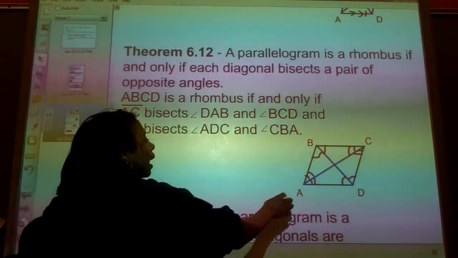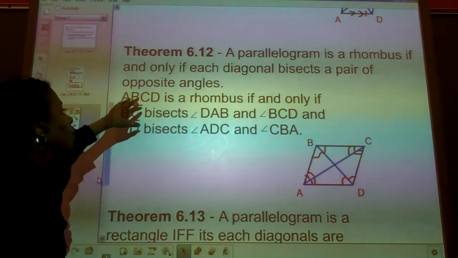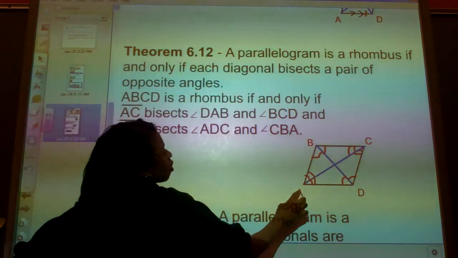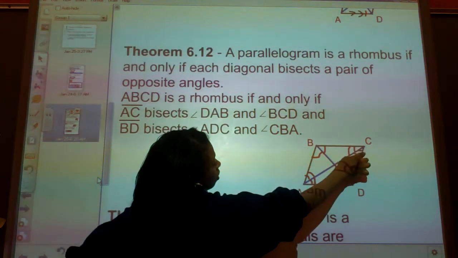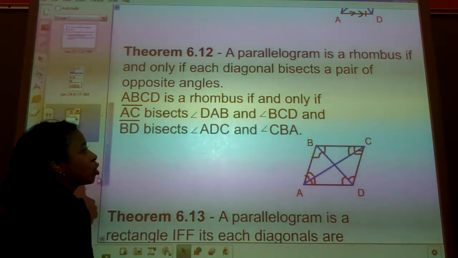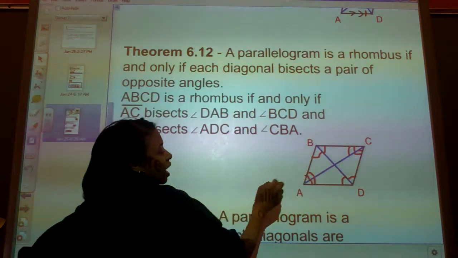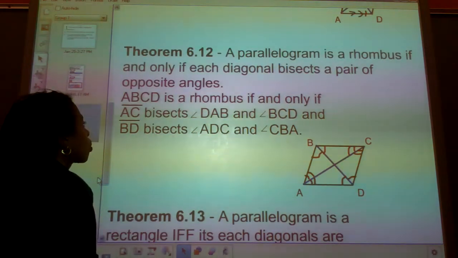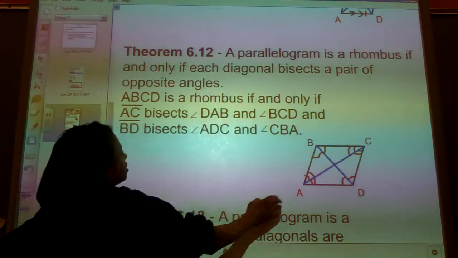When I have my diagonals AC and BD on this rhombus, what happens is AC is going to bisect this angle here, angle A, and it's also going to bisect this angle C. Remember, bisect means we cut into two congruent pieces. So AC, that diagonal, will cut this angle A into two congruent pieces and angle C into two congruent pieces as well. Also, same thing happens with BD.